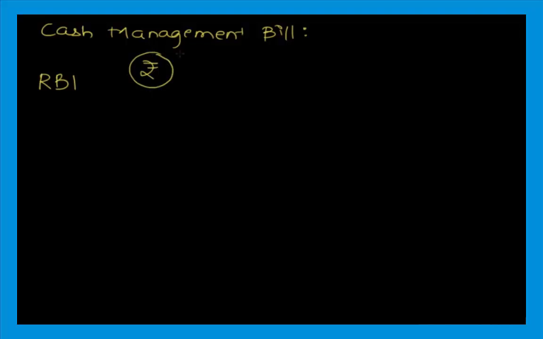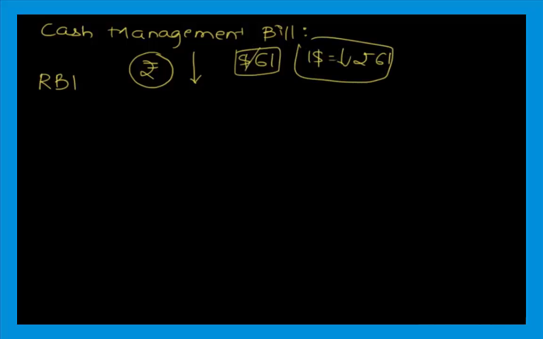So if the rupee availability in the market is reduced, probably the rupee might appreciate, and hence the problem of it hovering around 61 to a dollar might come down. That's the expectation.